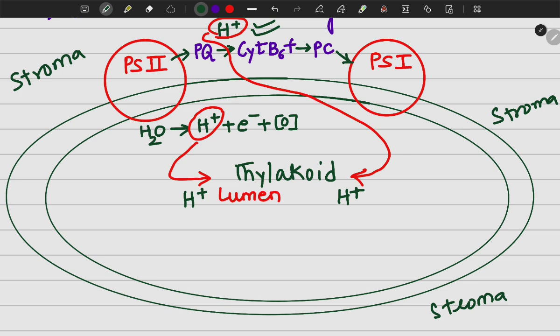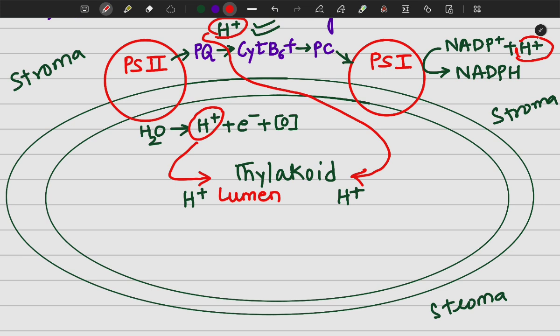Alright, also if you remember, in the photosystem 1, there is production of NADPH, right? So the production of NADPH also requires a proton or H plus ion. So this H plus ion combines with NADP plus and forms NADPH. So one hydrogen ion or proton is also taken up from the stroma.